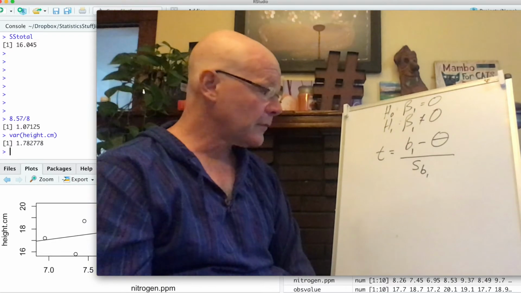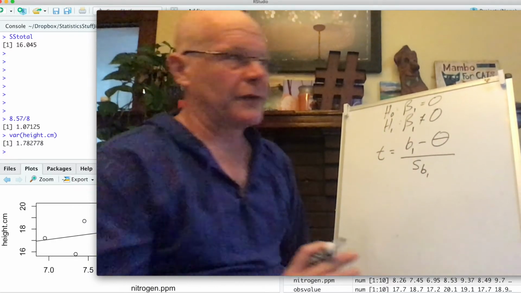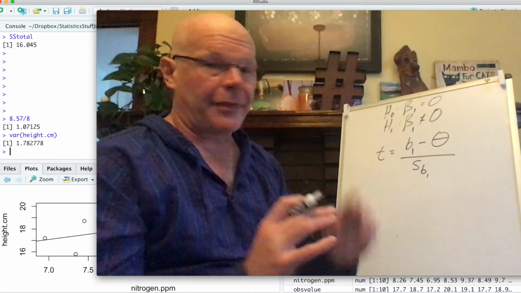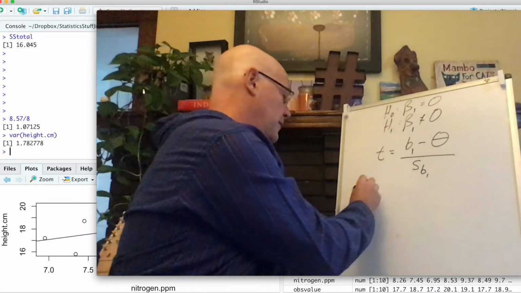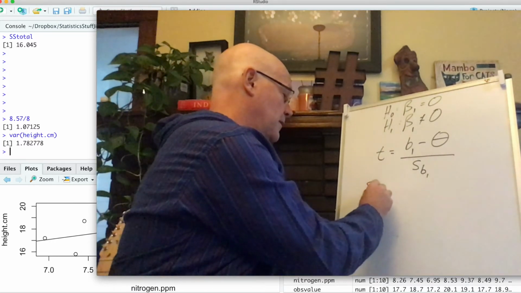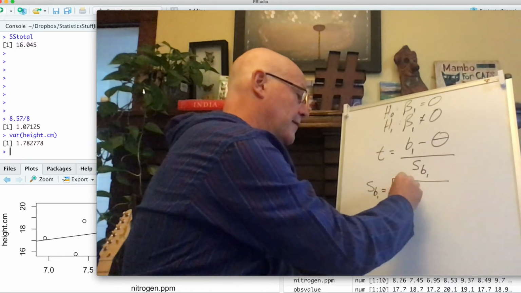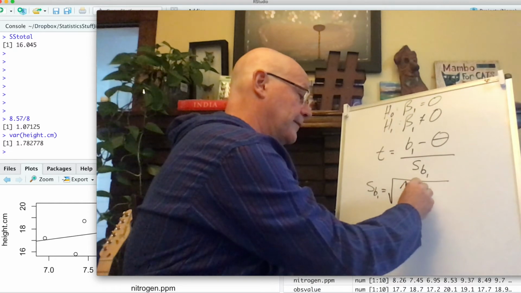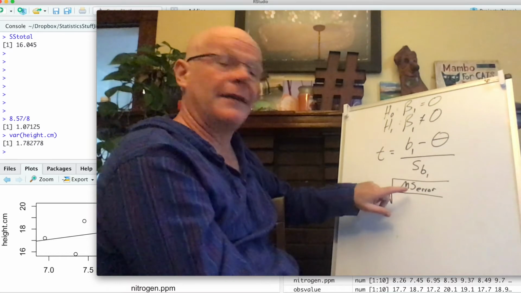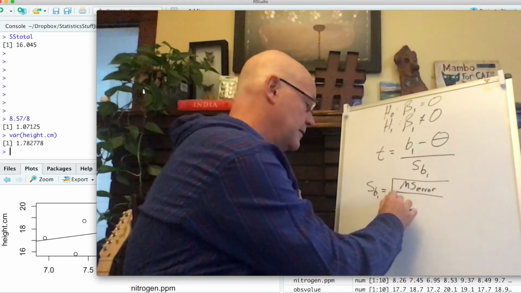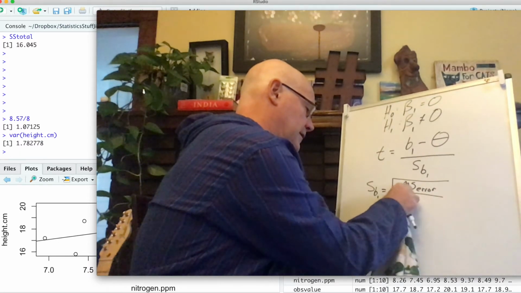And so, without worrying about getting too deep into the weeds of the math underlying that, we estimate the standard error of the slope. That is going to equal the square root of the mean squared of our error term, which we've already calculated. And then in the denominator here, we are going to sum, oh geez, that doesn't look pretty.